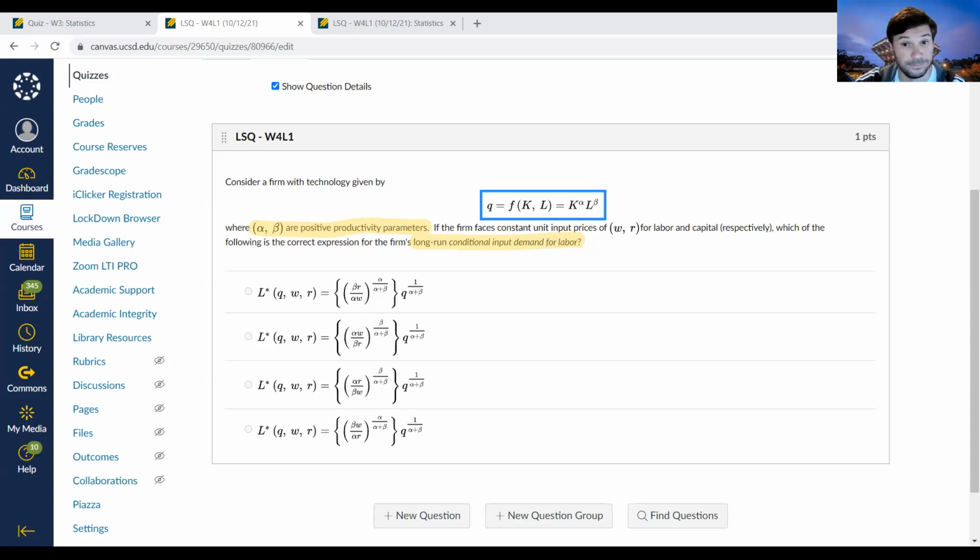Should go down, right? Opposite direction. So you should be able to look and see that there's a couple demand curves where the wage shows up in the numerator, right? Wage goes up, causes the demand for labor to go up. Does not make sense. Okay, so you can get rid of those.